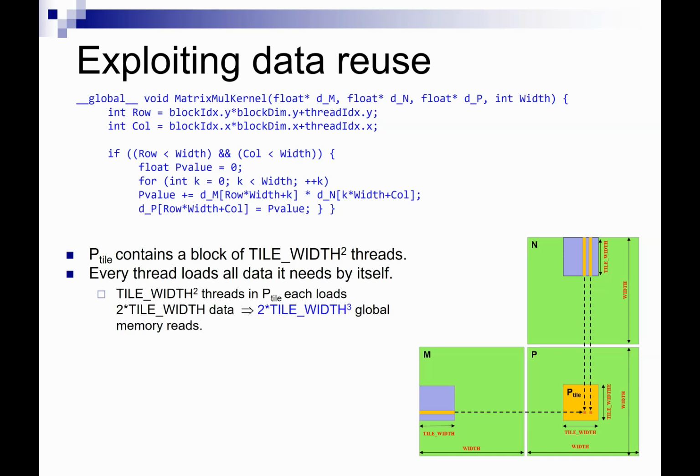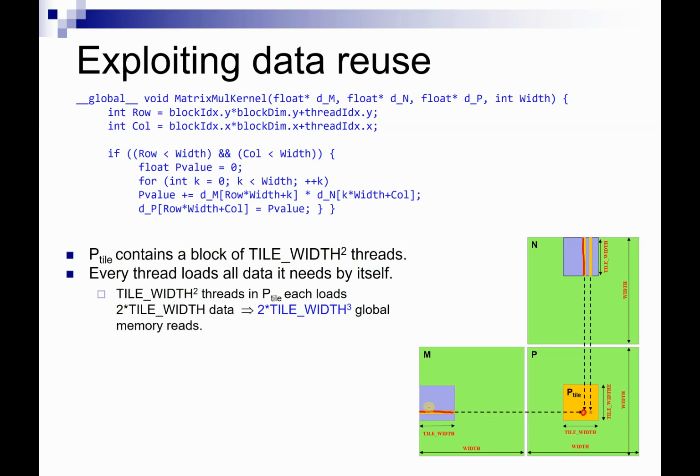If you do matrix multiplication in the naive way, then a thread in this thread block, in order to compute its value, has to read a bunch of values from M. It has to read at least the first part of this row, and it also has to read the first part of this column.